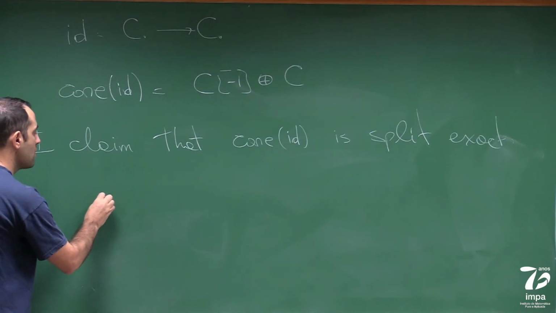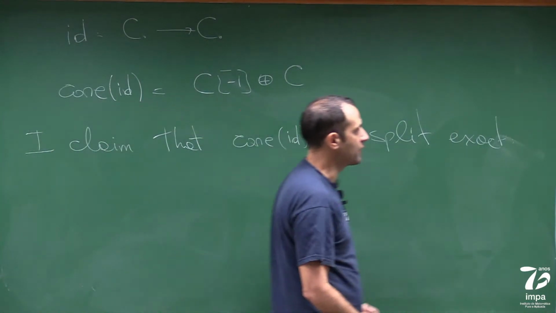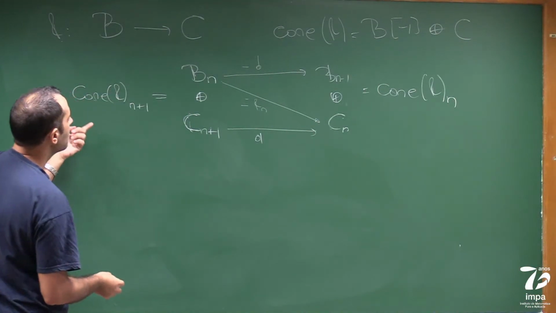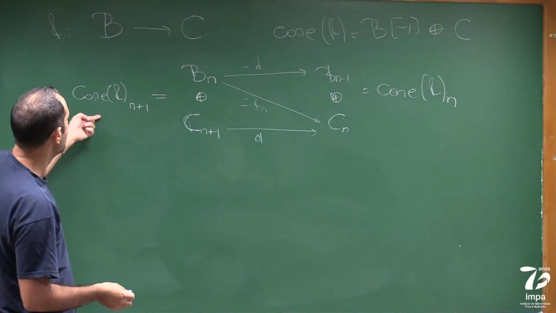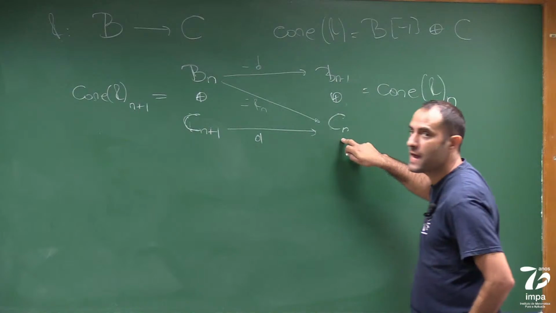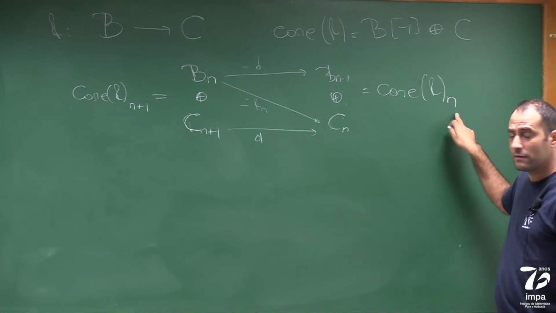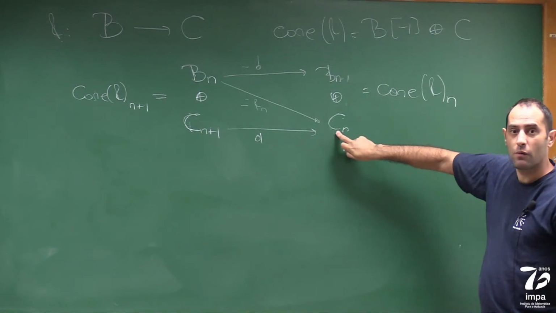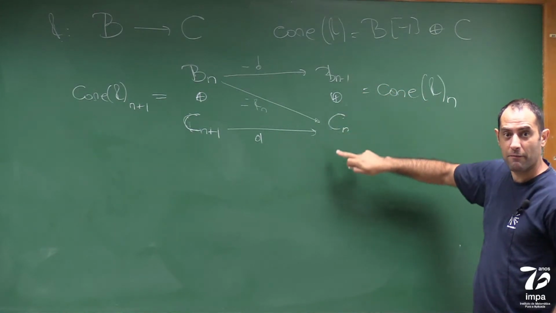Well, let's do this in general. When we constructed this guy here, it came with natural maps of complexes from C to this guy. So the map from C n to the cone of F n that sends C n to this component 0 here is a map of complexes.